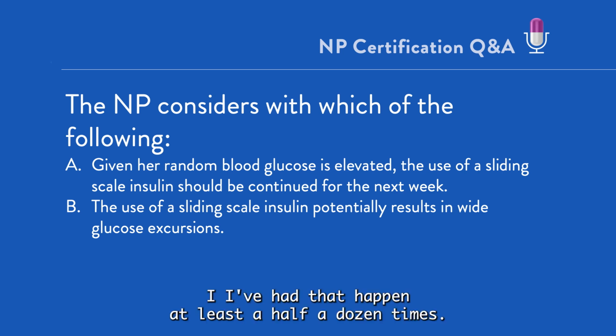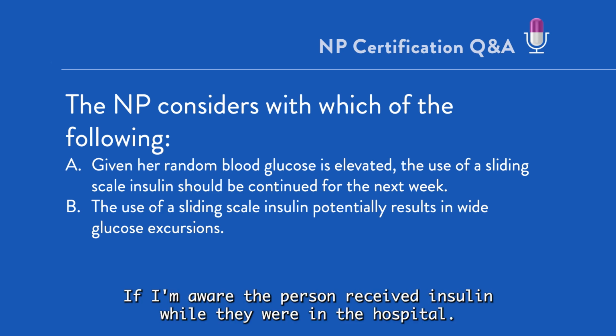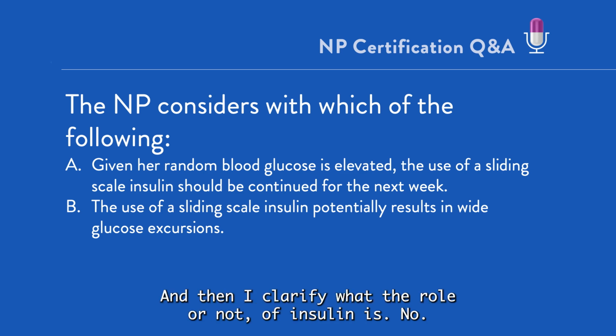I've had that happen at least a half a dozen times. So one question I always include in a post-hospital visit like this, if I'm aware the person received insulin while they were in the hospital, I will always ask, did they? And then I clarify what the role or not of insulin is now.